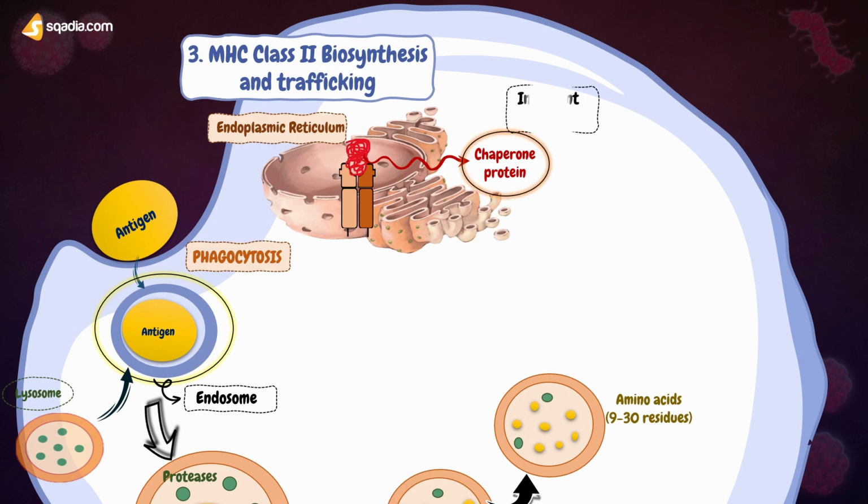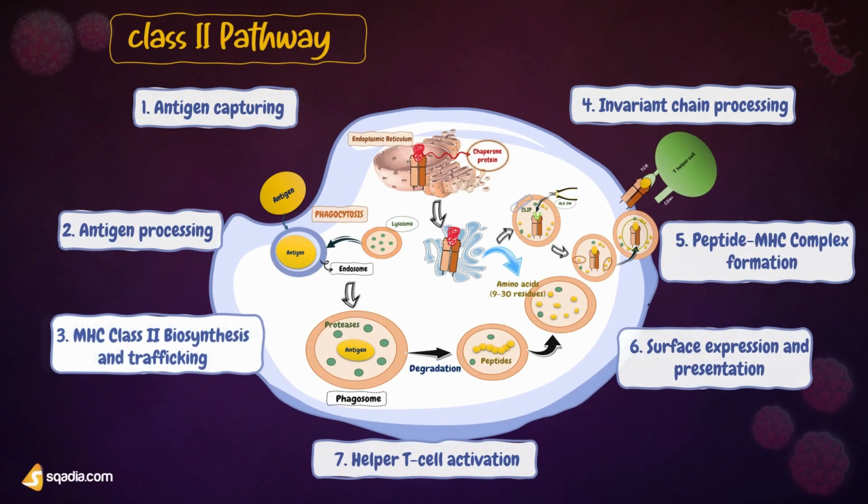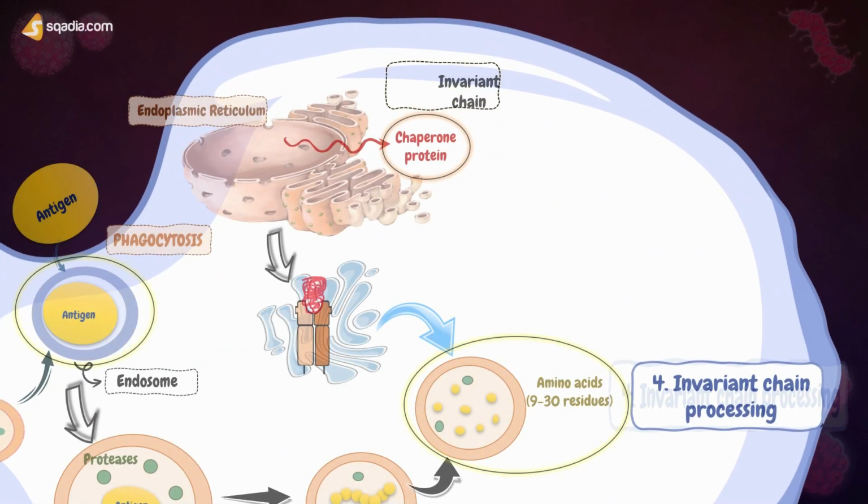This protein is called the invariant chain and it associates with their peptide binding groove. And then this MHC invariant chain complex is transported from the endoplasmic reticulum to the Golgi apparatus for further maturation, and then ultimately fuses with the endosomal compartment that was already capturing the processed antigen, or amino acid residues of the antigen.